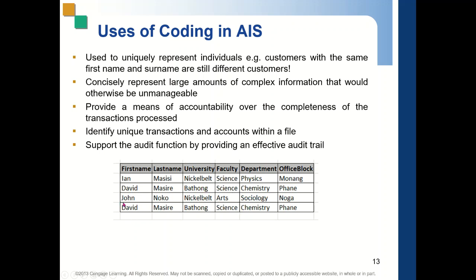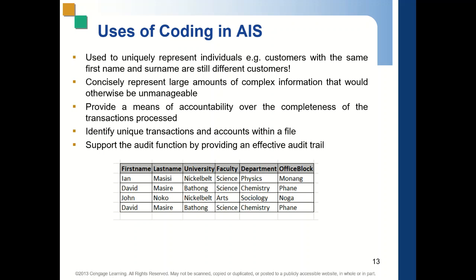So we seem to have duplicated this entry pertaining to David Masiri. But imagine that in reality it was correct. We do have two David Masiras, both of whom teach at this university, and they're in the same faculty, in the same department, and their offices are in the same block. But they are two different individuals.